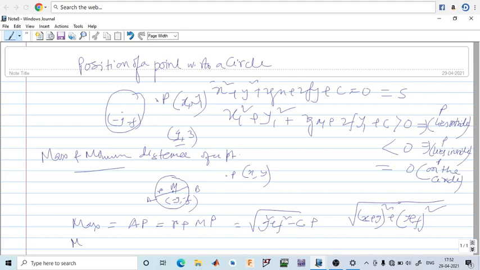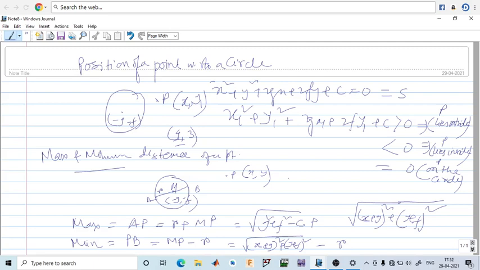For the minimum distance, it will be PB, and you can easily calculate PB. This is MP minus r, that is root of (x plus g) whole square plus (y plus f) whole square minus r.